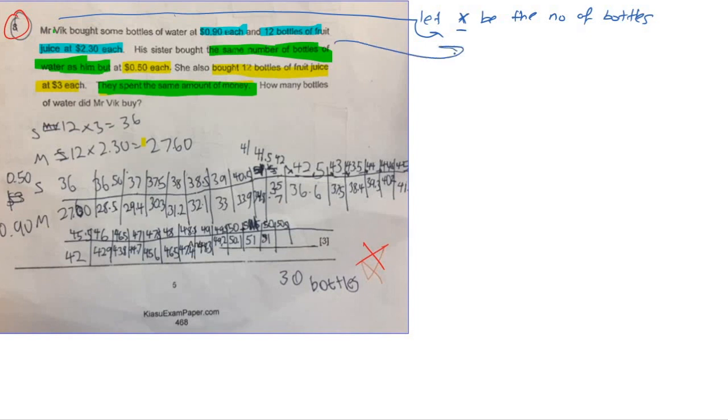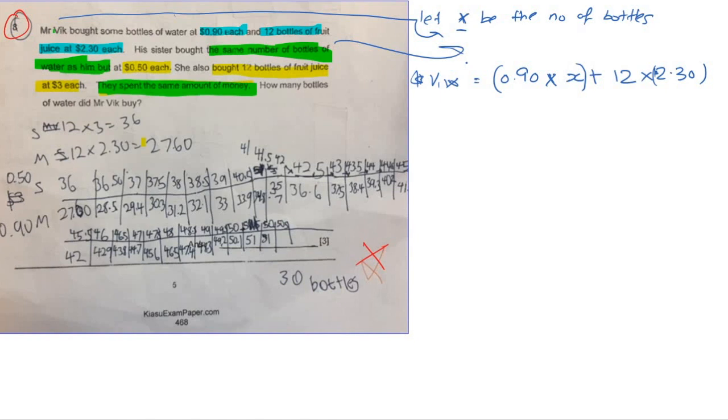So the total money that Mr. Vic spent is 90 cents times X, and 12 bottles of fruit juice at $2.30 each.